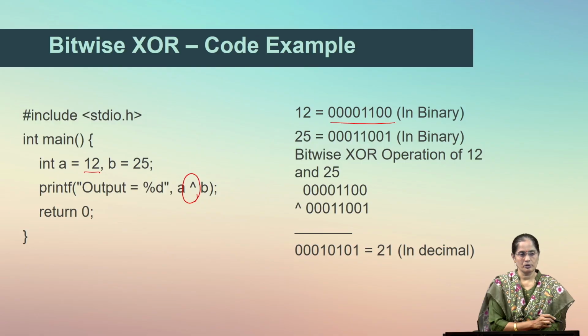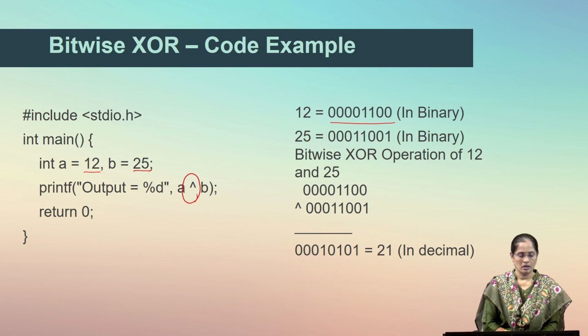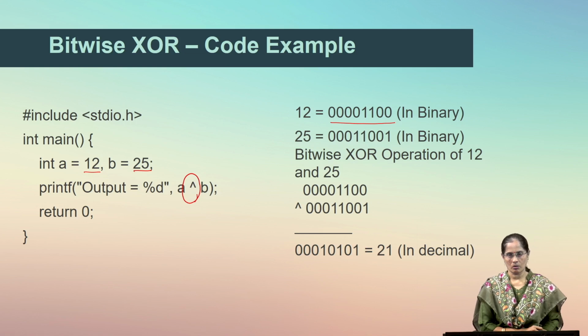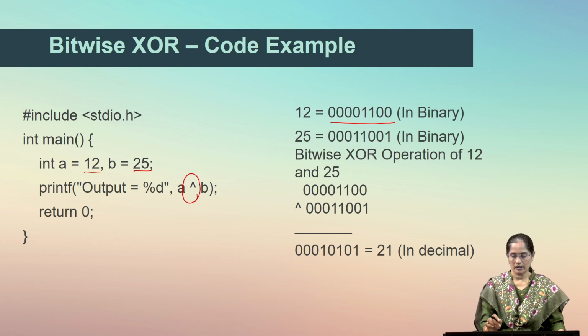Here again we will take the same input values, 12 for A and 25 for B. Instead of the AND operator, we will use the caret symbol for the exclusive OR operation, and we will be working with the binary representations of 12 and 25.